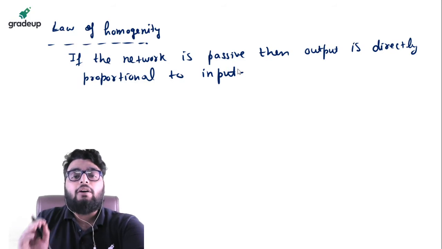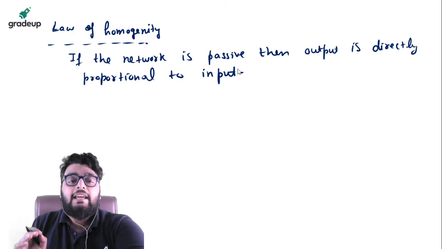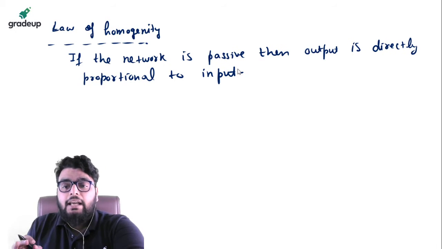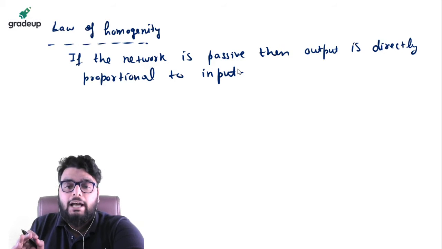This is the statement of the law of homogeneity: if your network is passive, then the output is directly proportional to the input.